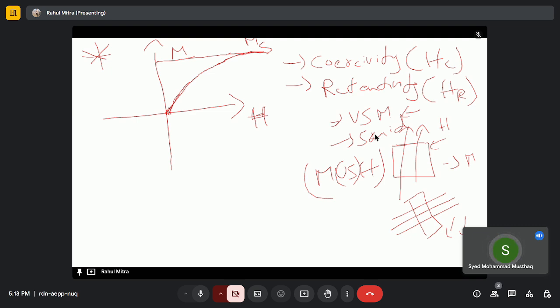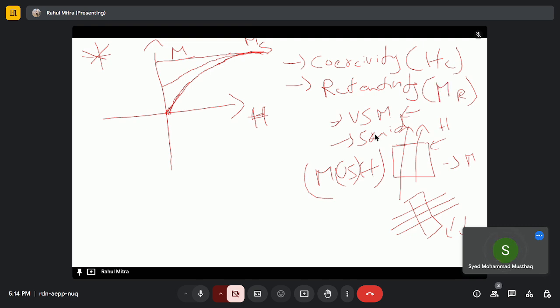And once I start to decrease the H value, I will have a remanence. I have a magnetization, and if I have magnetization, I'm talking about ferromagnets, right? If my M gets to 0, then that is a paramagnet. So remanence is represented as Mr or Hr.